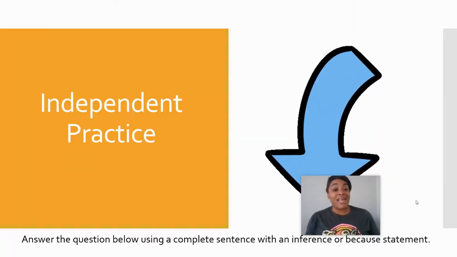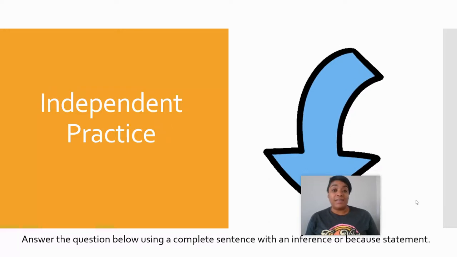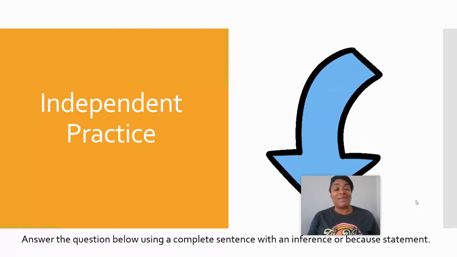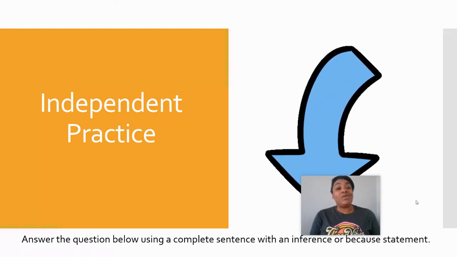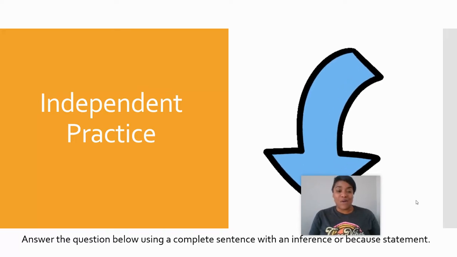Scholars, it is now time for you to complete your independent practice. Now remember, in your independent practice, you are rewriting the literal meaning for stanzas 3 and 4.